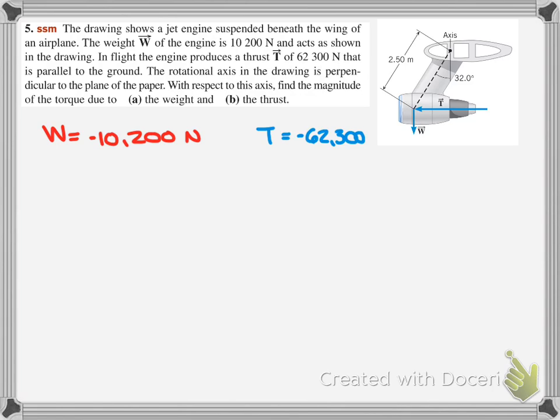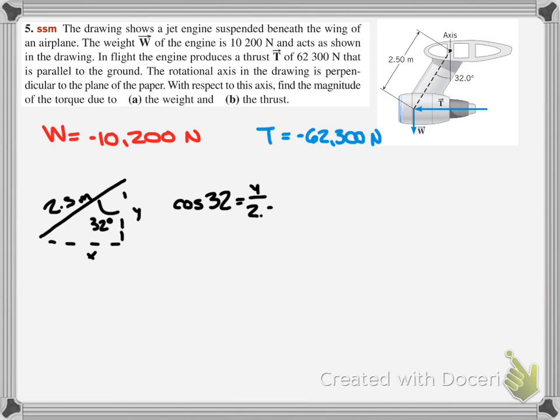Alright, they also give you an angle. So draw it out to make it easier, and they give you the distance. So find your x and y components here. So cos of 32 is equal to y over 2.5 because cos is adjacent over hypotenuse and the adjacent one is y. So y is equal to 2.5 cos 32.